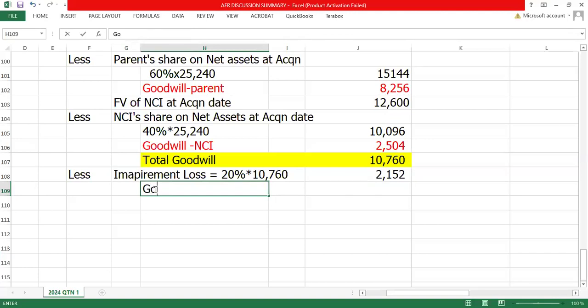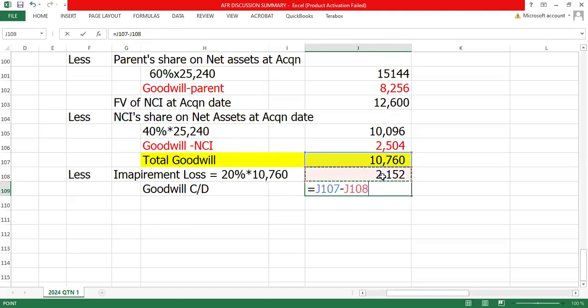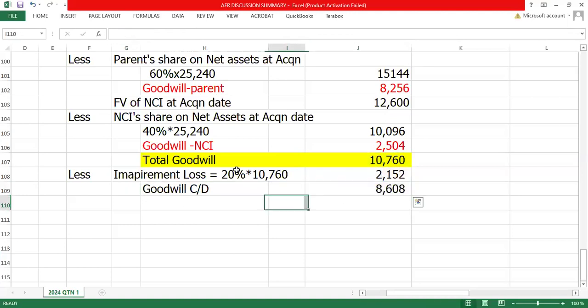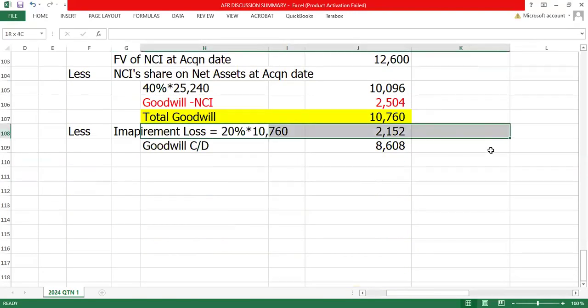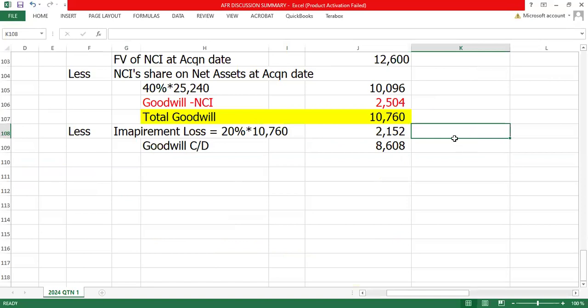Then finally, the goodwill carried down, the one that you should record in the balance sheet, is this one minus this one. But this is for HL. How do you recognize this impairment loss? You reduce the group retained earnings by 60% times 2,152.